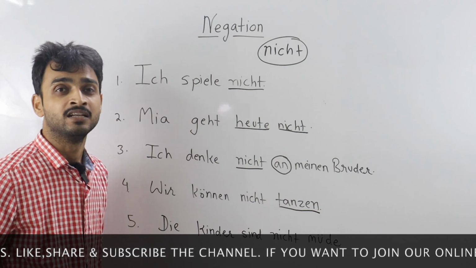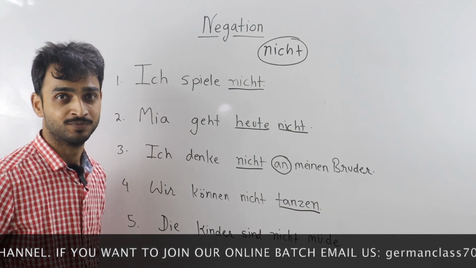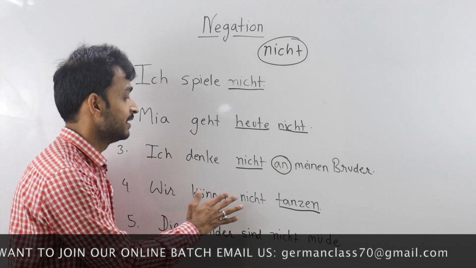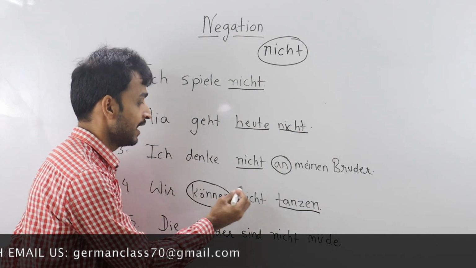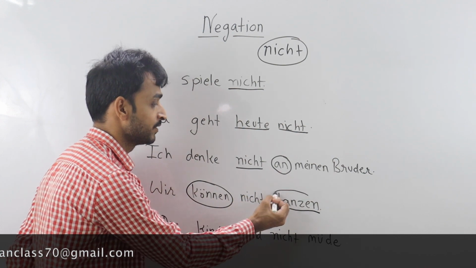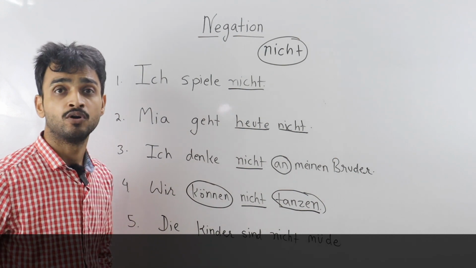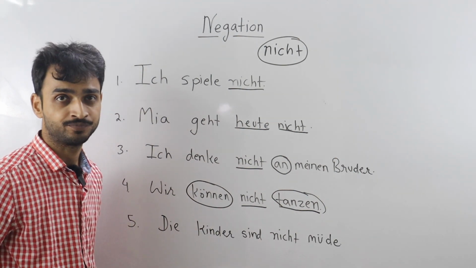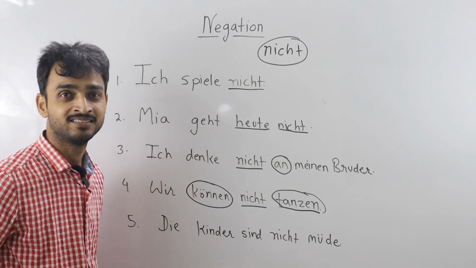In this sentence, können is modal verb and tanzen is our infinitive form. So the placement of nicht is just before the infinitive verb. We cannot dance.